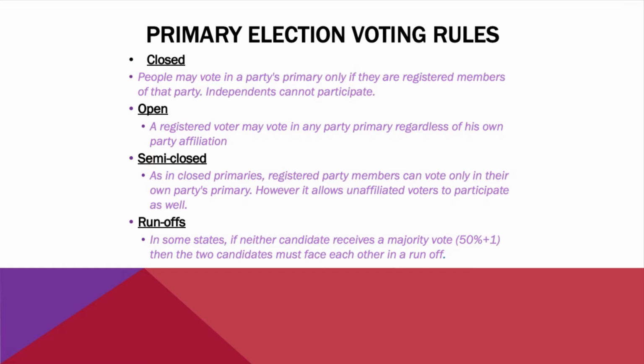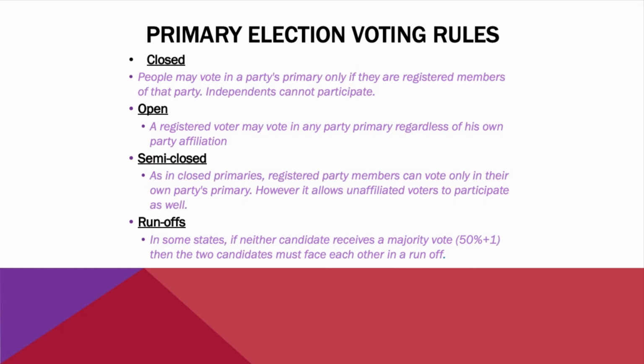A closed primary means that voters can only vote on the ballot of the party with which they are registered to vote. For instance, a registered Democrat can only vote on the Democrat Party's nominees. Independents cannot participate at all. An open primary is one in which voters registered with a political party may choose the ballot of either party.